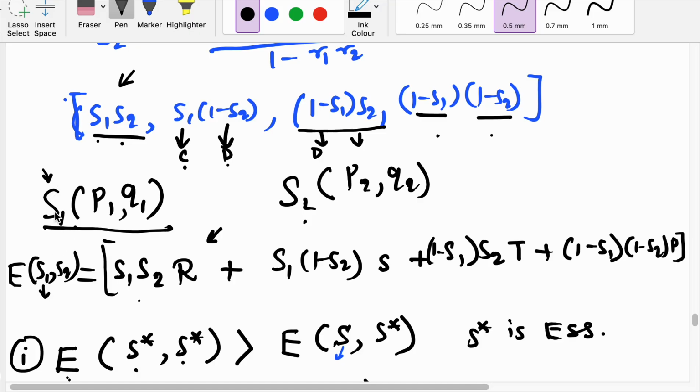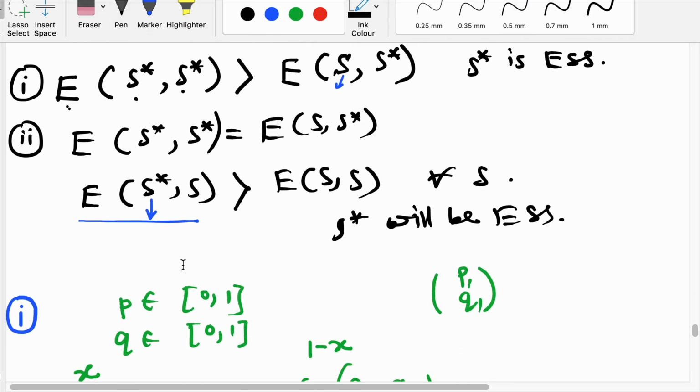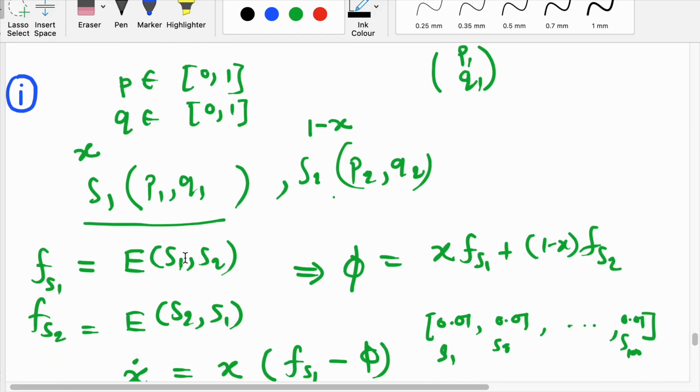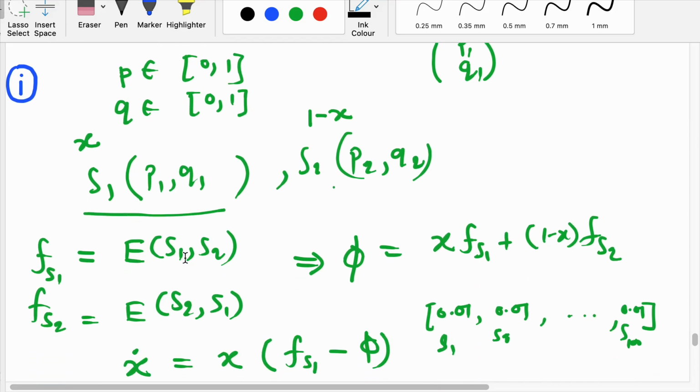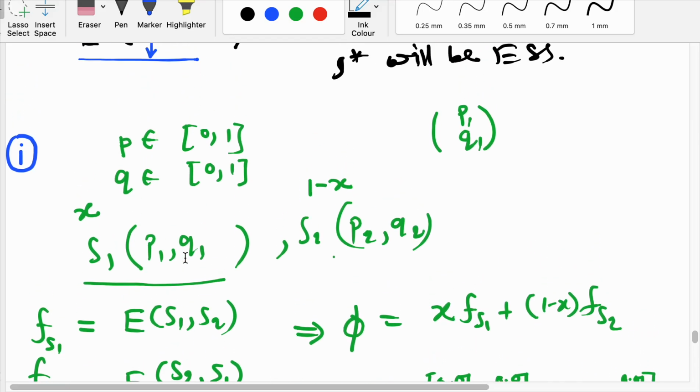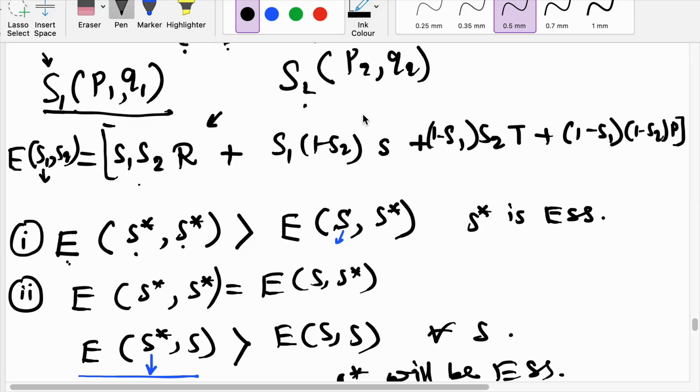That means with probability p1 I will cooperate if I observed in the previous step that you also cooperated, and with probability q1 I will cooperate in the next step if I observed you defected in the previous step. Since we know this average payoff, we proposed a further idea.